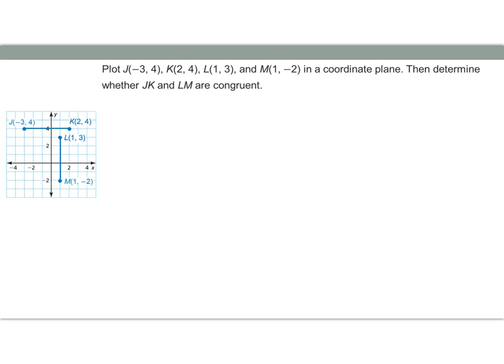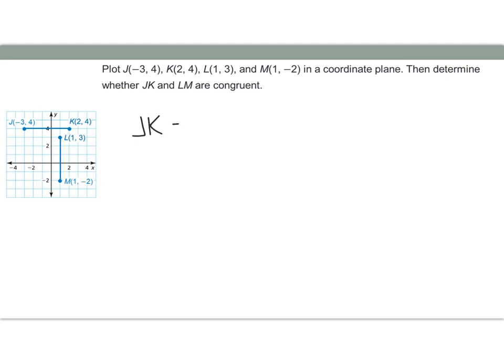So here you can see that I've got the points plotted on my coordinate plane. I also have them labeled. Now, you don't have to label it like the (-3, 4), but you should at a very minimum have J, K, L, and M all labeled. So now to determine whether or not JK and LM are congruent, I first have to find the length of JK.